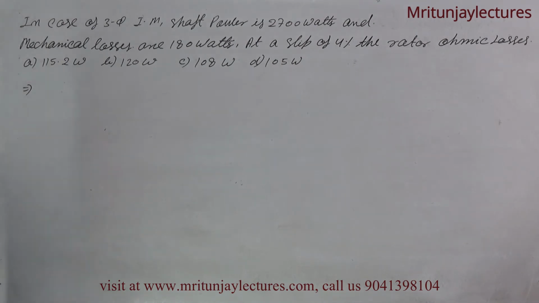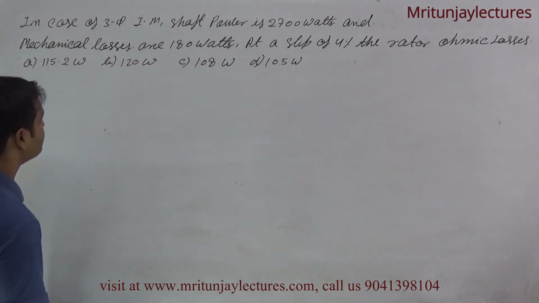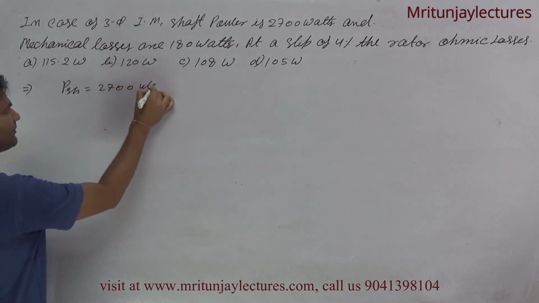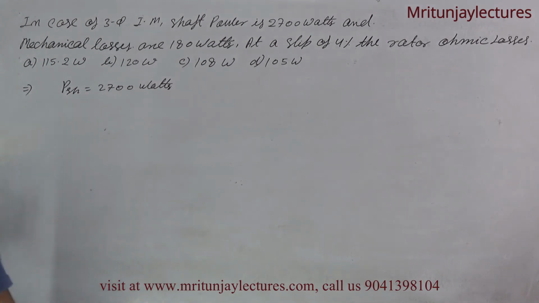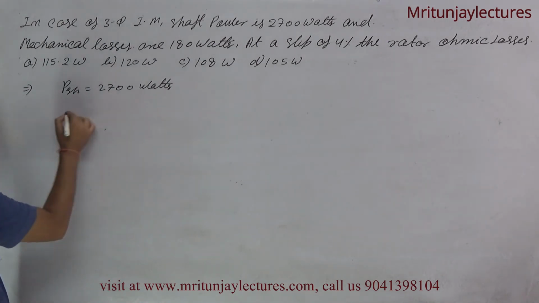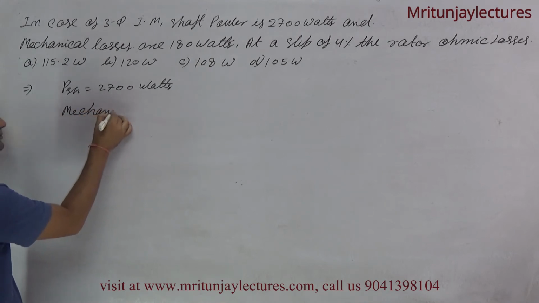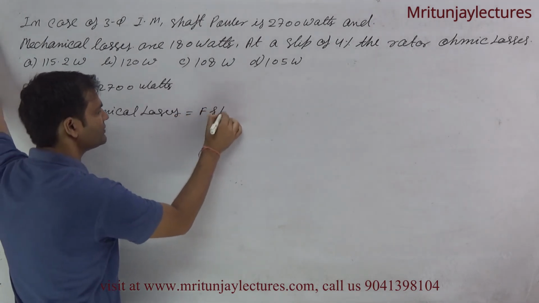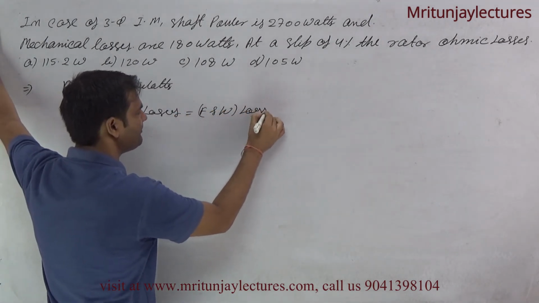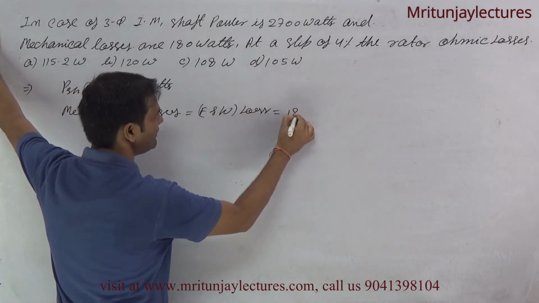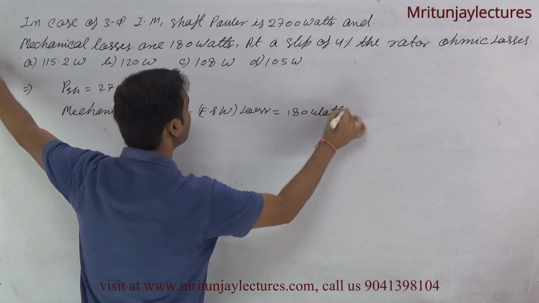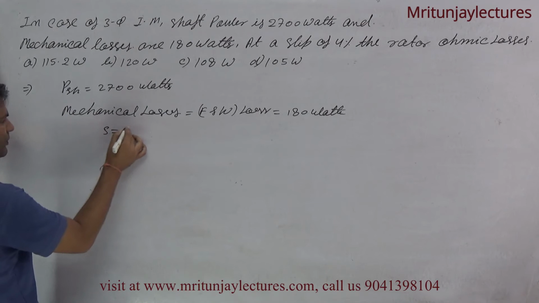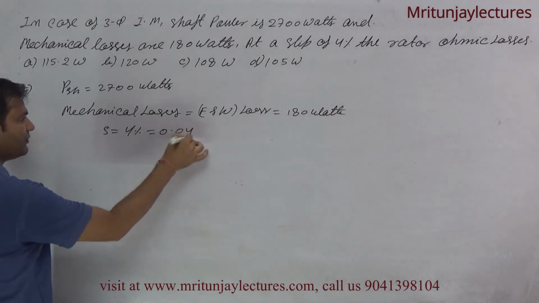Now the corresponding question: in the case of a three-phase induction motor, the shaft power, that is P_SH, is 2700 watts, and the mechanical losses, that is friction and windage loss, are given as 180 watts, at slip S of 4%, that is 0.04.